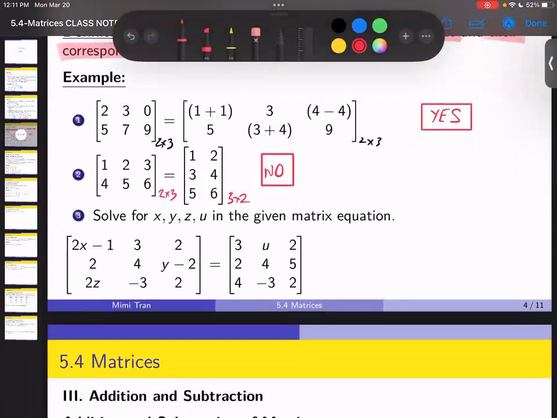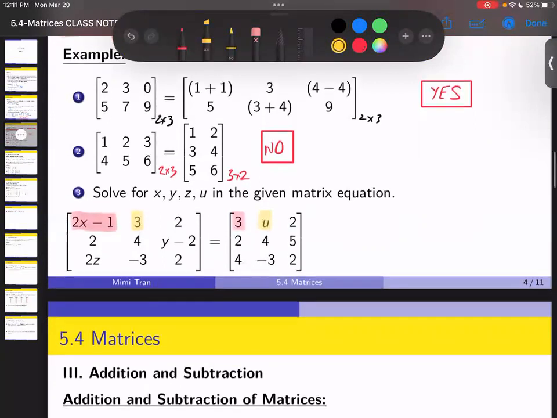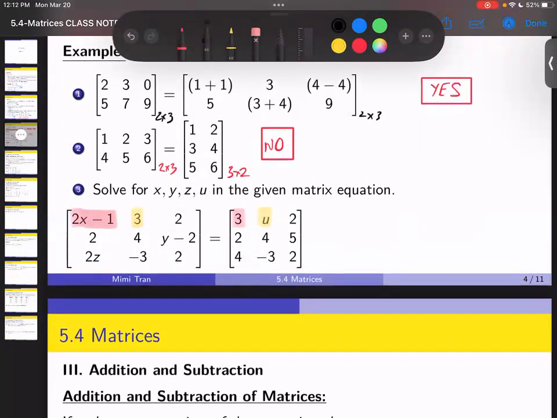Solve for x, y, z, and u in the given matrix equation. Assume that these two are equal. Can you find x, y, z, and u using the equality of matrices definition? Yes, right? So you can say 2x minus 1 equals 3, right? What else? 3 is equal to u, right? y minus 2 equals 5.